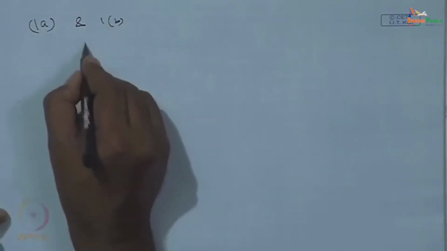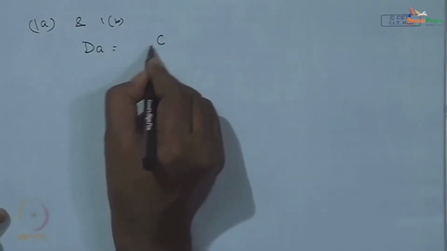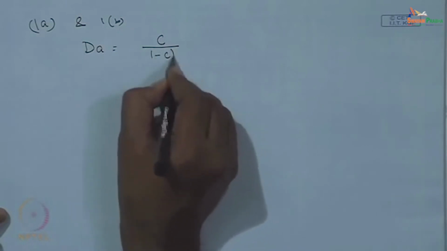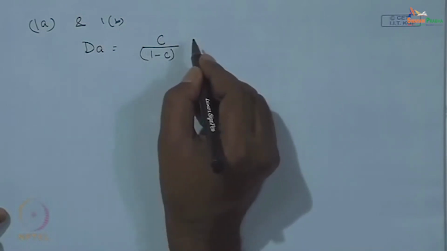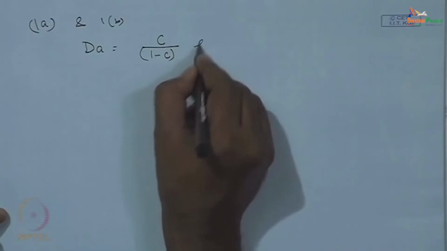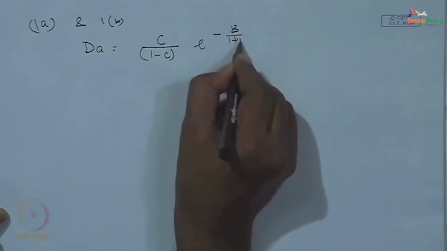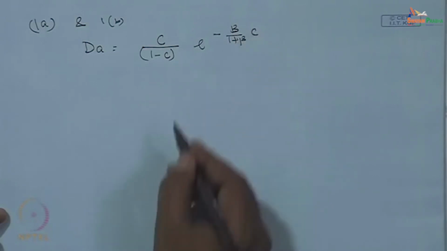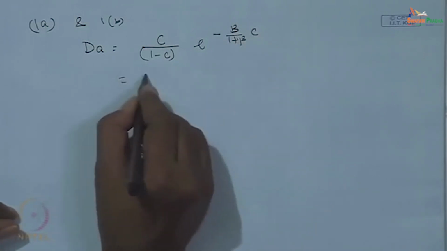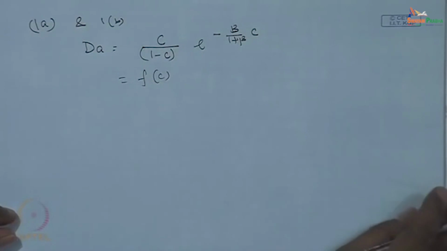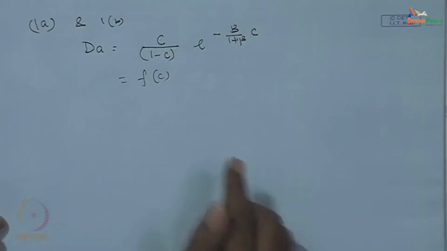We can combine equation 1a and 1b, and we can write DA = C / ((1 - C)e^(-BC/(1 + β))). So, this will be a function of concentration only.